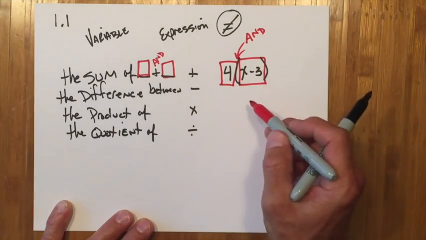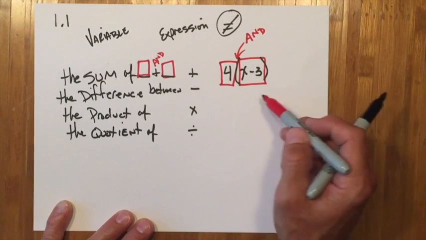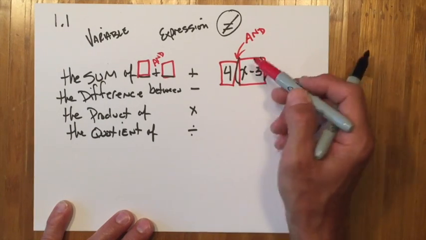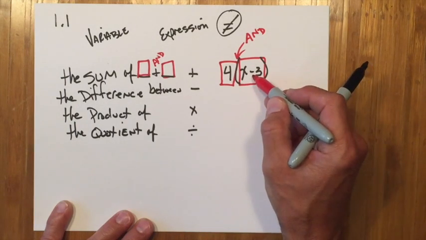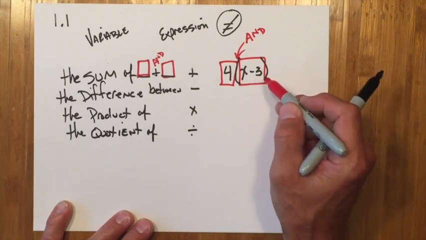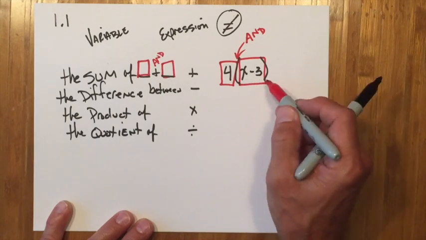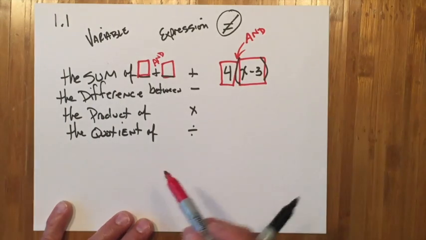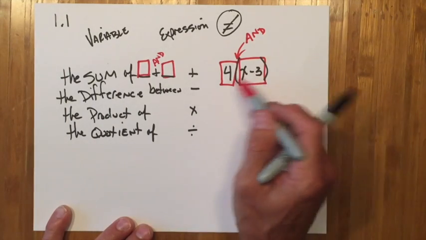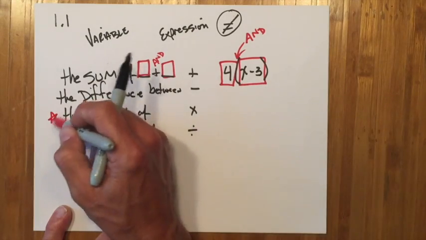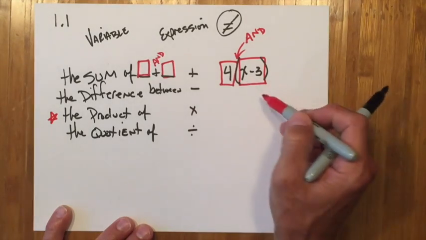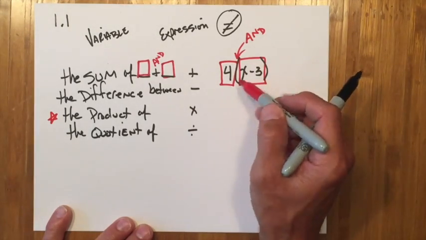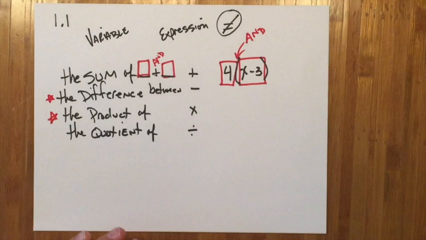So I might describe this as the product of, that shows multiplication, the product of 4 and the difference between x and 3, or the difference between a number and 3. So I would use two different phrases. I would begin with the overall multiplication piece, the product of 4, and now I'm on a subtraction piece, so I might use the difference between.